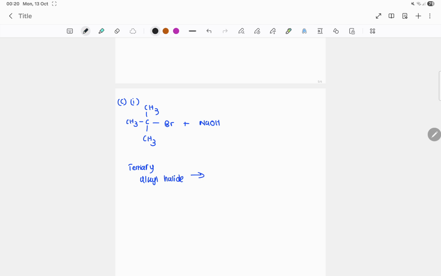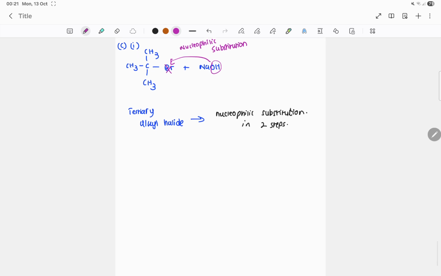Tertiary alkyl halides will undergo nucleophilic substitution in two steps. This is a nucleophilic substitution reaction. This is the nucleophile, and it will be substituted with the bromine. So this is a nucleophilic substitution reaction.